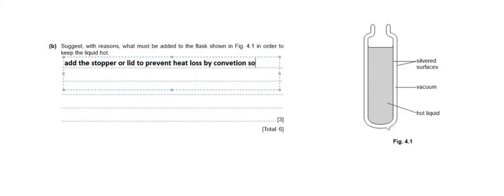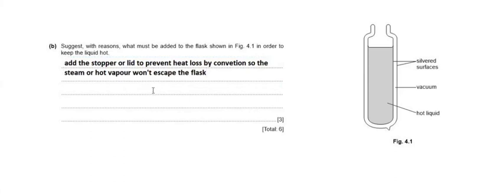So the steam, or you can write down the hot vapor, won't escape the flask. So the process of convection is reduced by adding the stopper or lid to the flask.